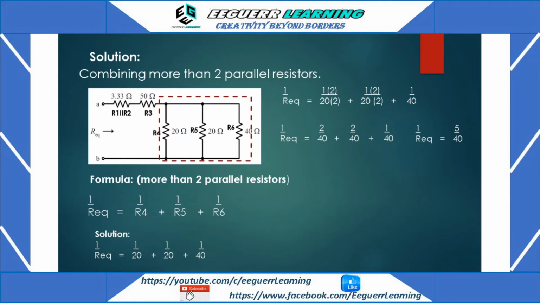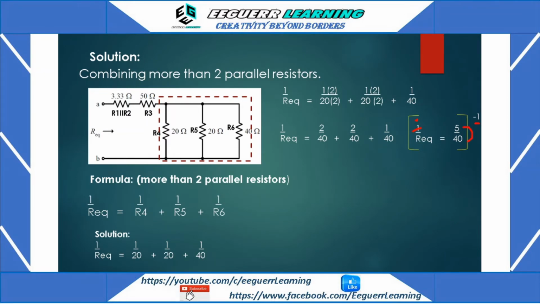So let us continue. In order for us to eliminate this 1 over R equivalent, we're going to raise it by negative 1. Applying that negative 1 will flip this fraction.